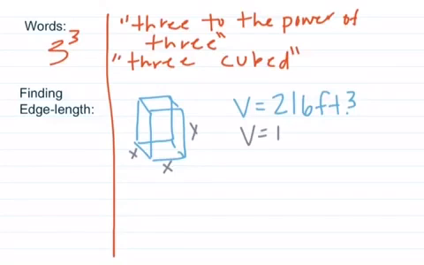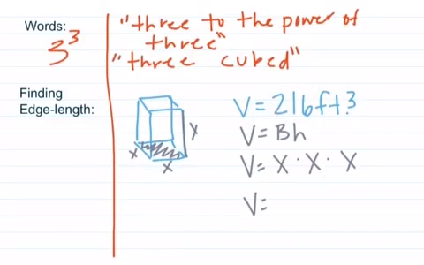And I know that to find volume, I have to find the area of the base times the height, which would be x times x, the area of the base, and the height is x, which would give me my x cubed.